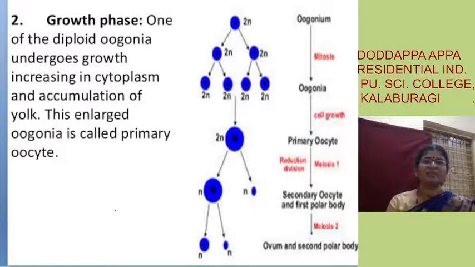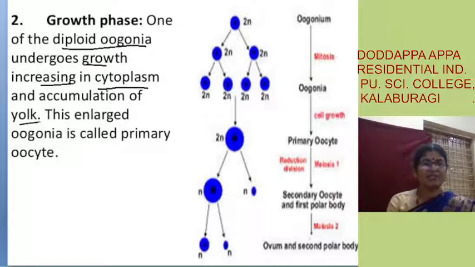So in the growth phase, one of the diploid oogonia will undergo growth. What will happen here? The oogonia will accumulate cytoplasm from the surrounding follicular cells and also yolk.